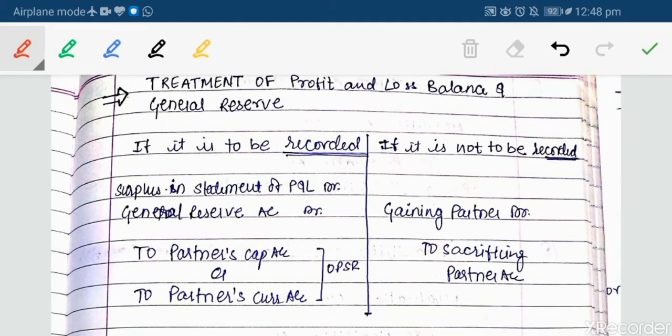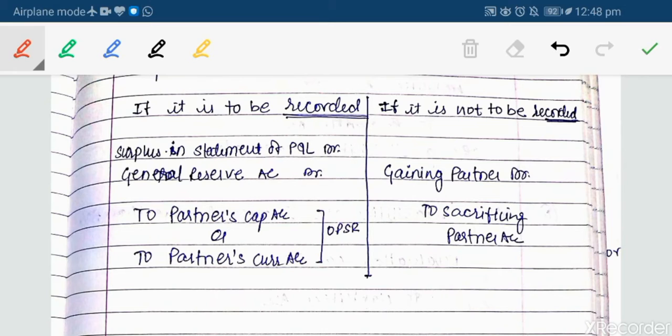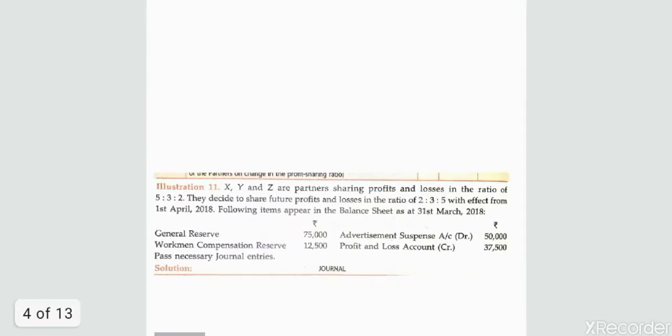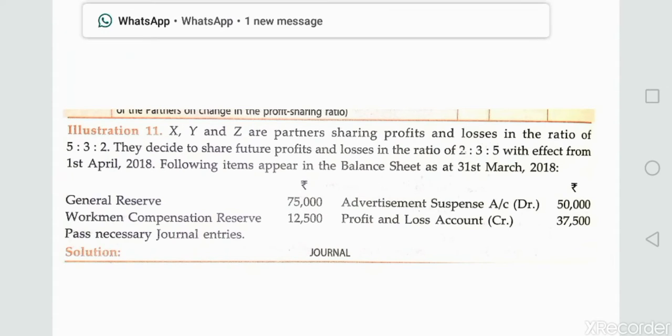To understand it more clearly, we will go to an example where we can see how to pass these entries. Okay, so let's look at this question illustration. It is from your book only. It says that X, Y, Z are partners sharing profits and losses in the ratio of 5:3:2 and they decided to share future profits and losses in the ratio of 2:3:5 with effect from 1st April 2018.